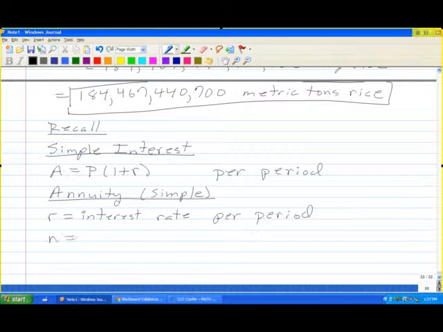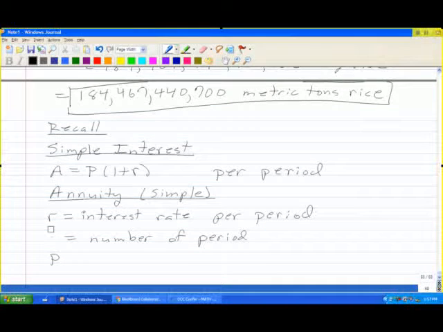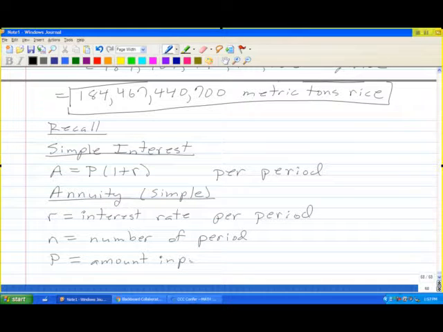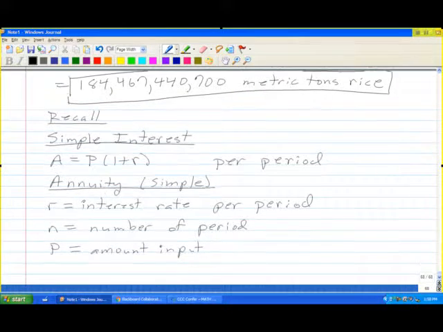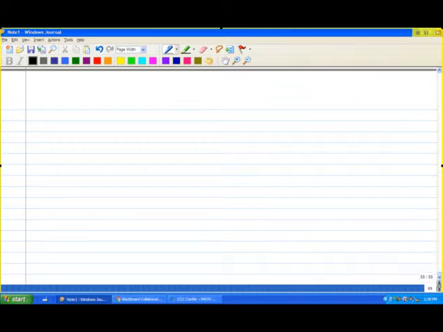Let N be the number of periods. And let P be the principal, the amount input into the annuity.